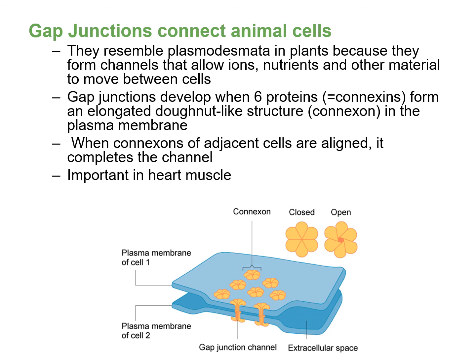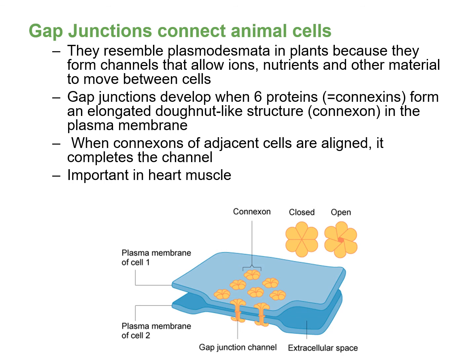The gap junctions develop when a set of 6 proteins, known as connexins, in the plasma membrane arrange themselves in an elongated donut-like configuration, also known as a connexon. When the connexon's pores, or these donut holes, in adjacent animal cells align, a channel between the two cells forms.